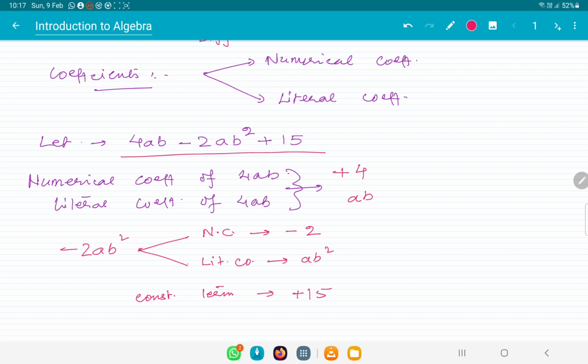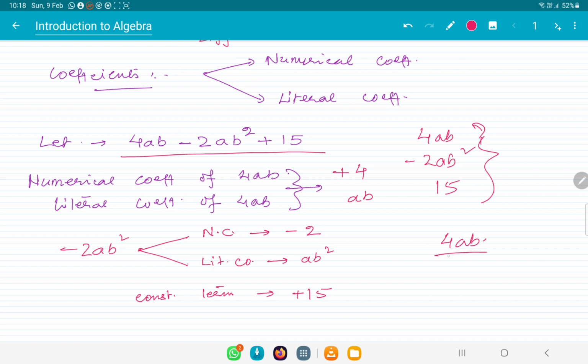The different terms are 4ab, this is a term of the algebraic expression, minus 2ab square, this is another term, and 15. These terms can come in the form of monomial, means only one term.